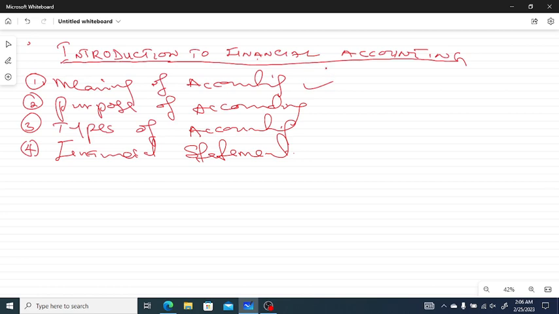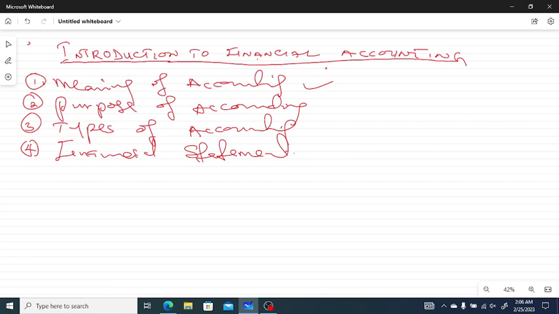First, let's look at what is accounting. Accounting is a systematic and comprehensive recording of financial transactions pertaining to a business and the process of summarizing, analyzing, and reporting these transactions.